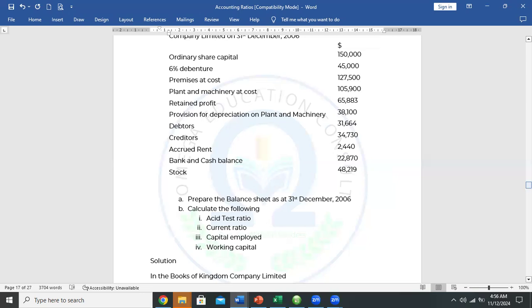But for the purposes of our exams and our level, we seek to pay attention to the 3. Profitability included gross profit margin, net profit margin, return on capital employed. Liquidity bordered on the current ratio and asset test ratio. And the activity gave us the rate of stock turnover, debtors collection period, creditors payment period.